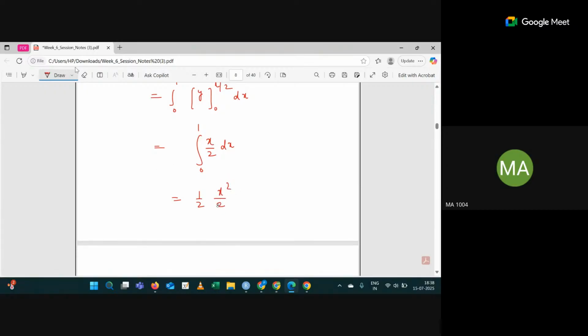Yes or no? Yes, sir. Let me take one more step. Integral of x dx from 0 to 1, so half times x square by 2, 0 to 1. If I solve this, I will get 1 by 4, times 1 minus 0. So 1 by 4 is the answer. Is this clear now?